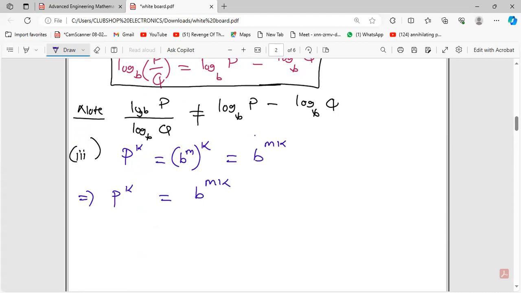So this is in an exponential form. If we want to convert it to logarithmic form, we are going to have log base b of p being equal to mk.